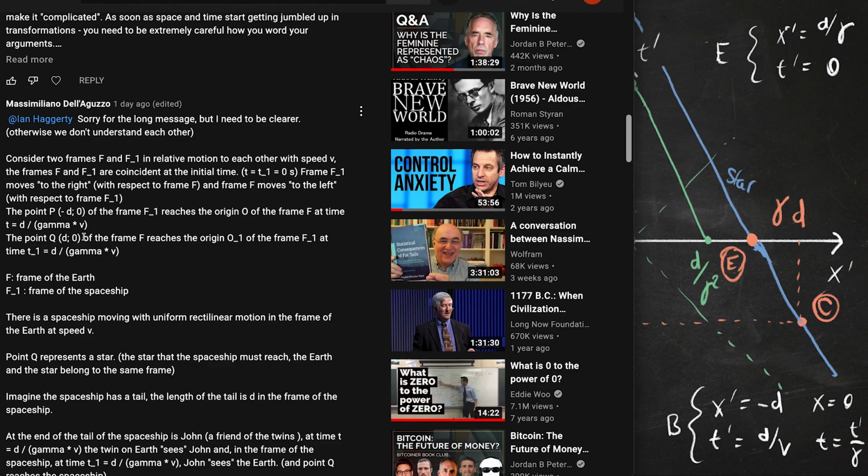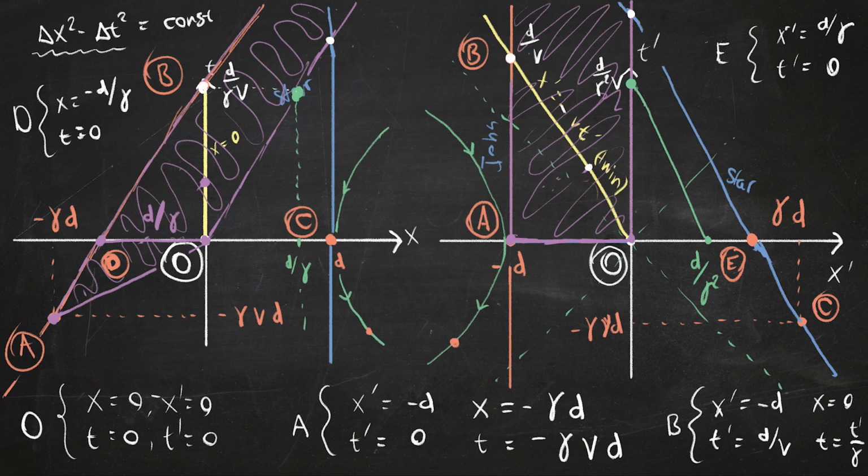You're saying point Q, which is point P at negative D0 of the prime frame, reaches the origin of the frame F at time D on gamma V. Negative D0 of the prime frame. Oh yeah, that was the back of the spaceship, wasn't it? Okay, so you have the back of the spaceship. That's this world line here, and then that becomes this world line here.